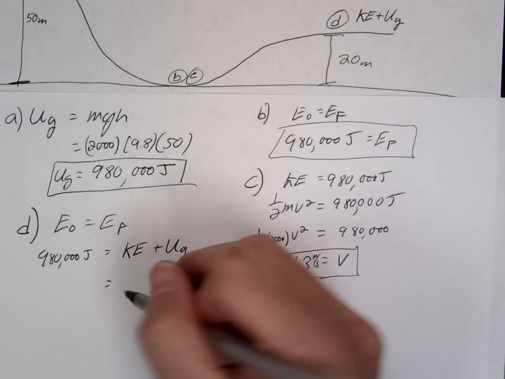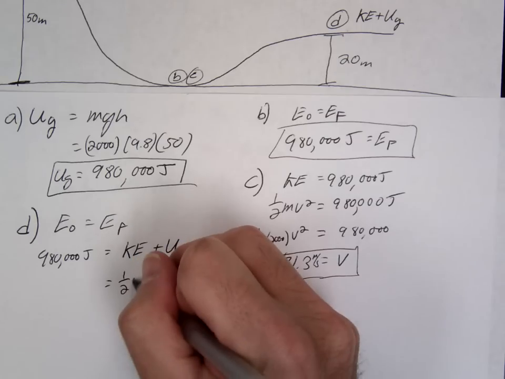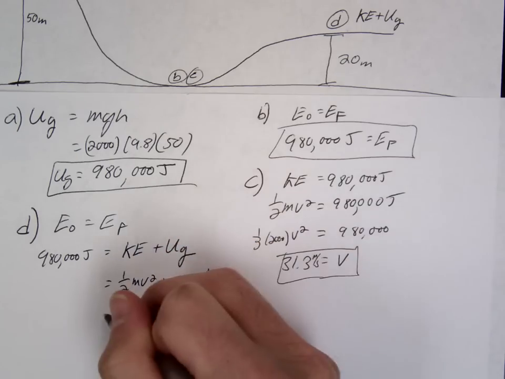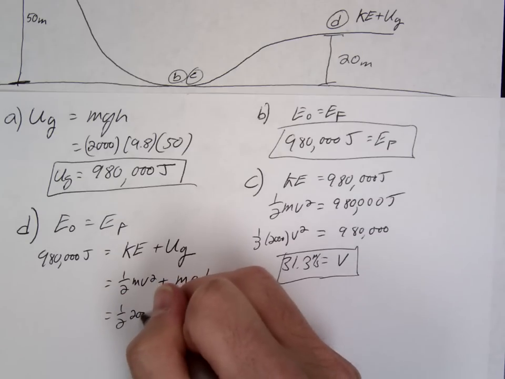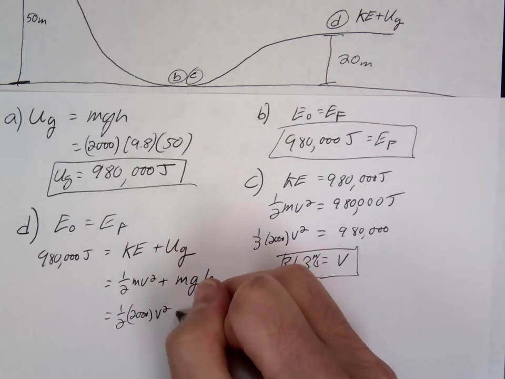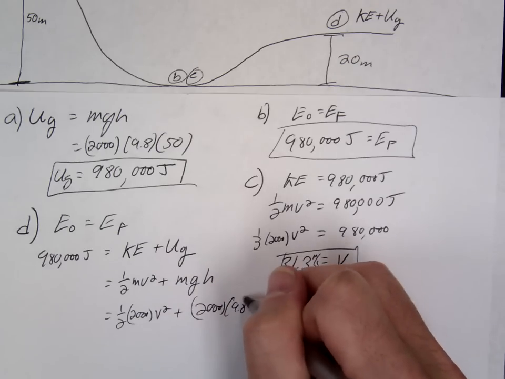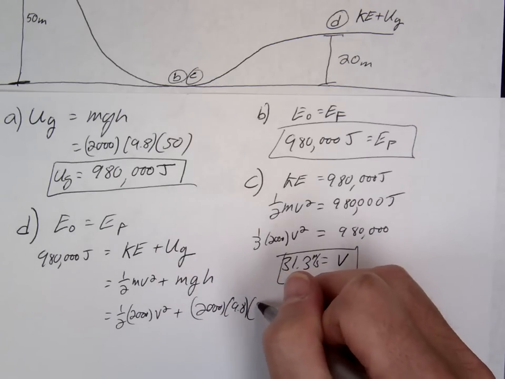Okay, so you can just do the math here. 1/2 mv squared plus mgh, 1/2 2000 v squared plus 2000 times 9.8 times 20.